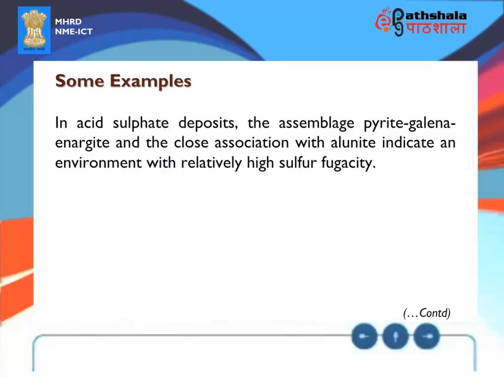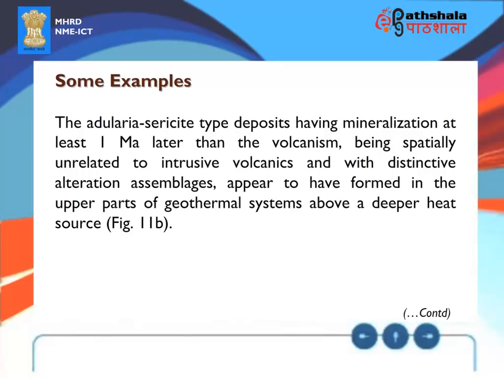The adularia sericite type deposits, having mineralization at least 1 million years later than the volcanism, being spatially unrelated to intrusive volcanics and with distinctive alteration assemblages, appear to have formed in the upper parts of geothermal systems above a deeper heat source, figure 11b.